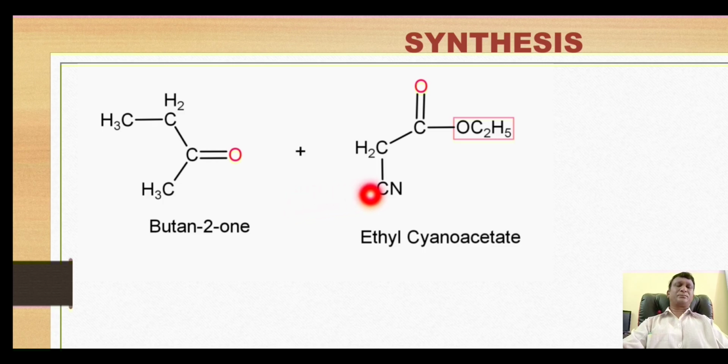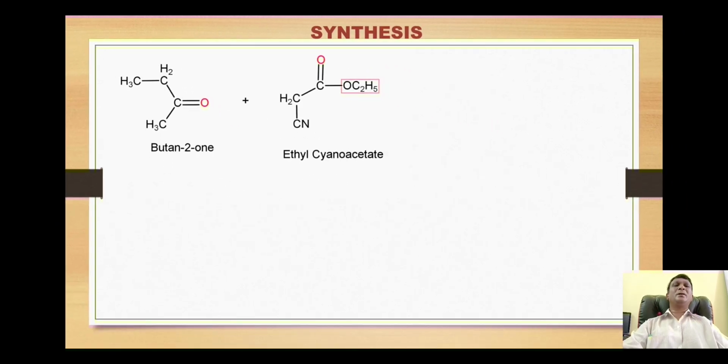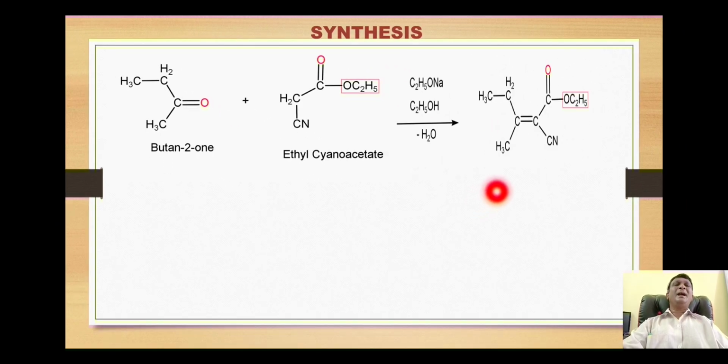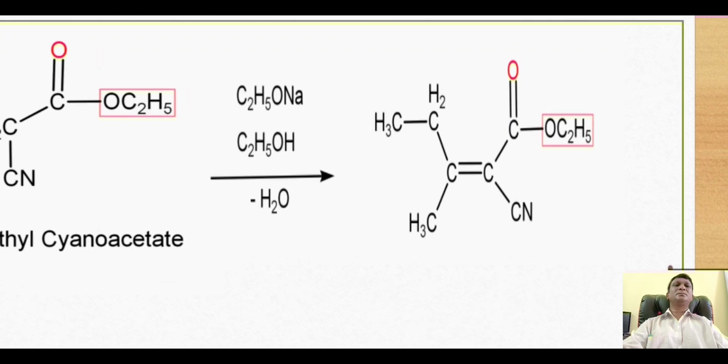So when the reaction takes place in presence of ethanol and sodium ethoxide, this carbanion attacks over this carbon and thus there is release of a water molecule and a double bond is generated between this carbon and this carbon to give us formation of this alpha beta unsaturated carbonyl compound.